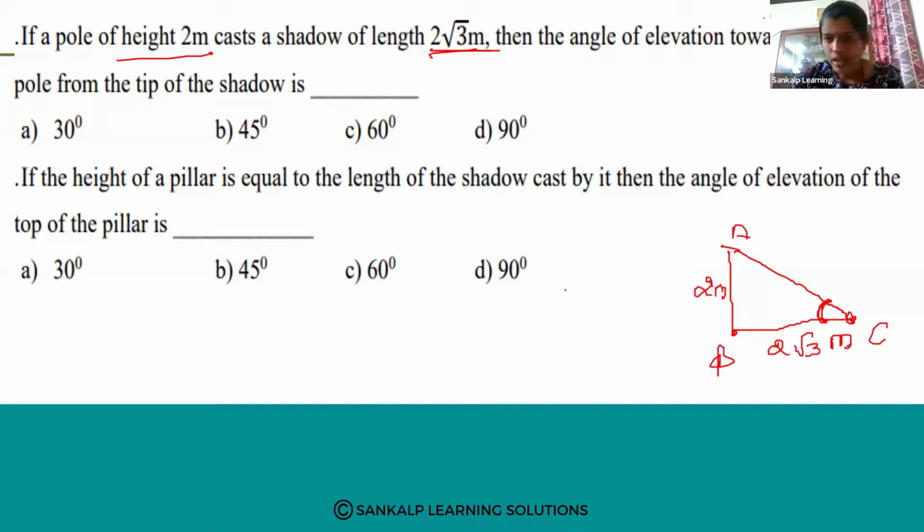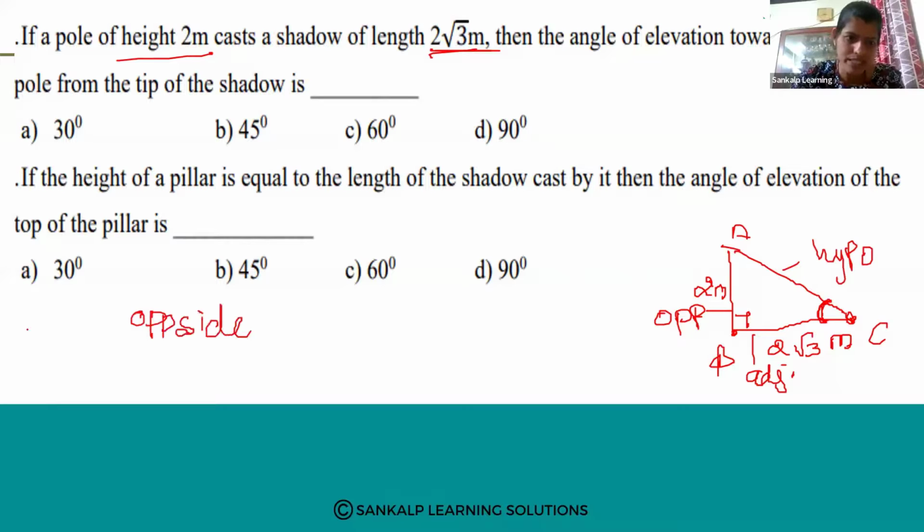So here also it is 90 degree. This is theta. Therefore, this is the opposite side. This is the adjacent side. This is the hypotenuse. Yes or no? So again, it is opposite side divided by adjacent side, which means it is tan theta.